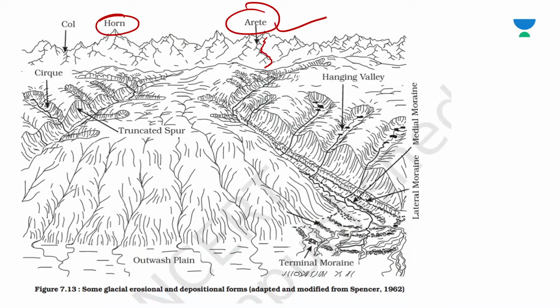Then glacial valleys, troughs. Depositional landforms: moraines, eskers, outwash plains, drumlins.